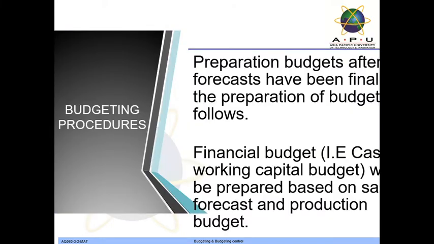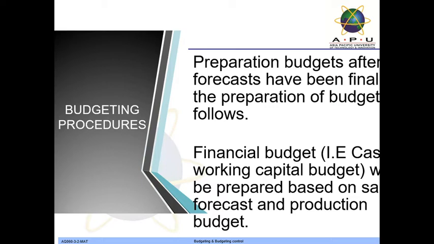Preparing the budget after the forecast is the final preparation of the budget, as follows. The budget activity starts with the preparation of the sales budget. As I told you just now, I will show you what a master budget is. We start with the sales budget, then the production budget, prepared on the basis of the sales forecast.